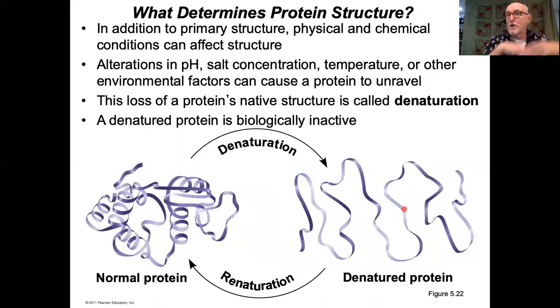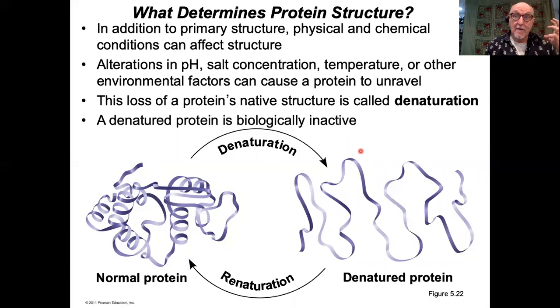So those are all the determinants locked into the molecule that determine the protein shape and everything else. But we need to realize also that many of those things that we talked about, hydrogen bonds, the ionic bonding, even van der Waals forces, all of these sorts of things can be very strongly influenced by the environment.